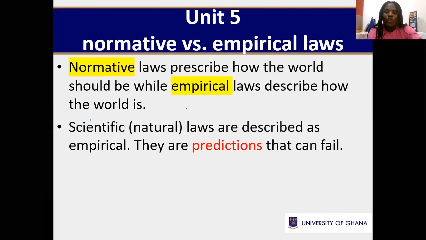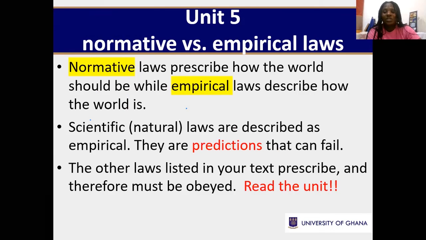You should be able to get yourself acquainted further with what normative versus empirical laws are. Laws are generalizations, okay? But then some of the generalizations are just a description of what is there. Back to factual statements, if you remember. So we call them also factual generalizations.